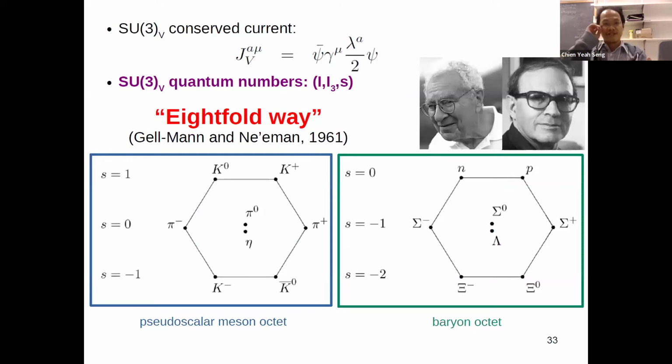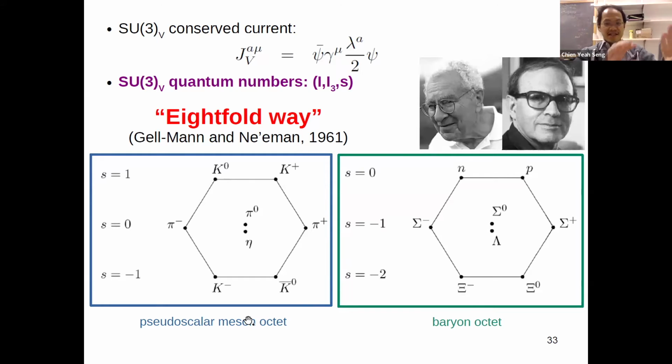In the SU3 flavor symmetry, we have a corresponding conserved current, and we can form irreducible representations of hadrons by using the isospin quantum numbers I and I3, as well as an extra quantum number, which is the strangeness. So that leads to the observation of the so-called eightfold way, first observed by Gell-Mann and Ne'eman, saying that hadrons can be grouped into different representations, and the simplest representation consists of 8 of them.